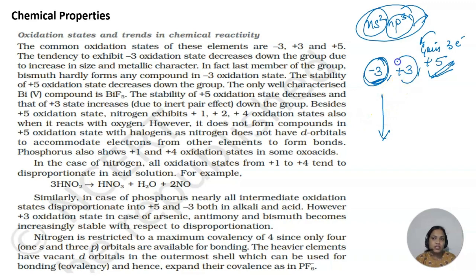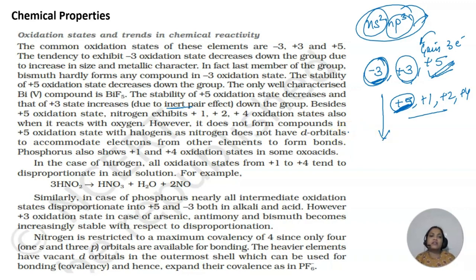And +3 oxidation state stability will increase again because of the inert pair effect. So nitrogen exhibits +5 oxidation state, +1, +2, +4 as well. You know that with oxygen it forms different types of oxides. Now nitrogen does not form any compounds in +5 oxidation state with halogens because nitrogen does not have d orbitals. Phosphorus shows +1, +4 oxidation states.